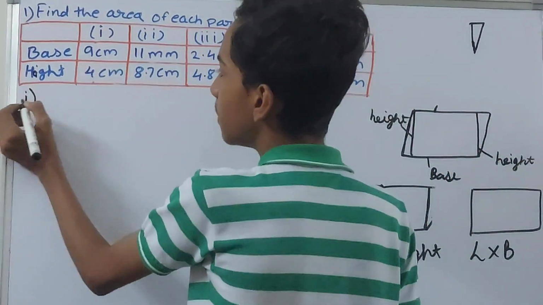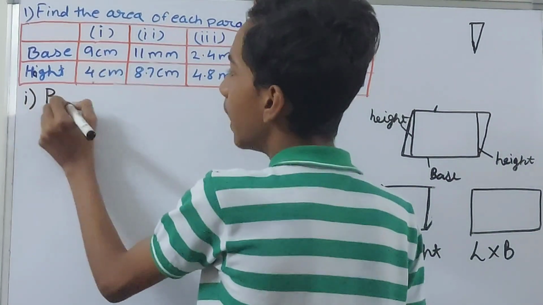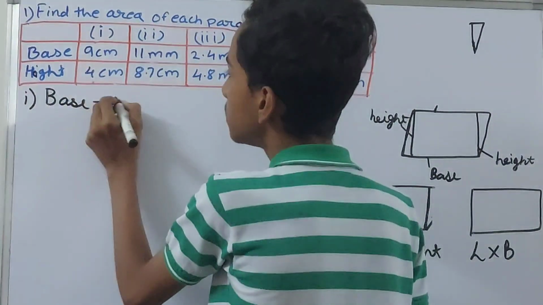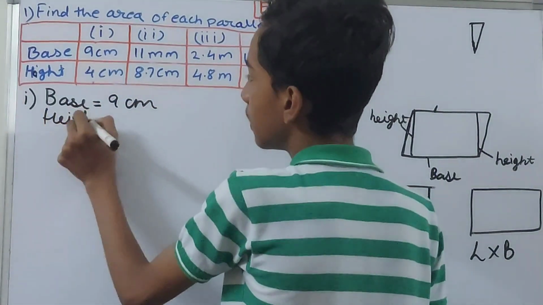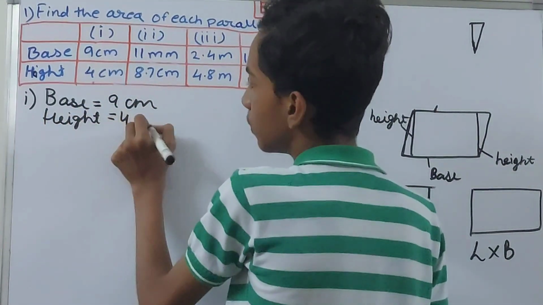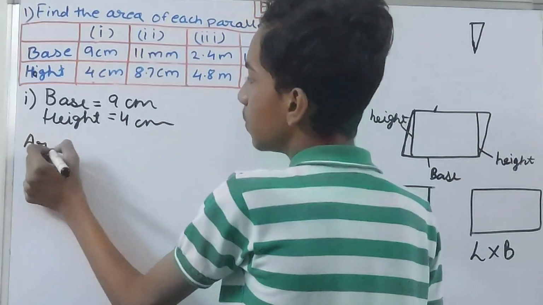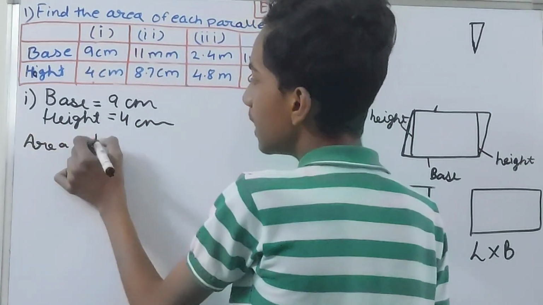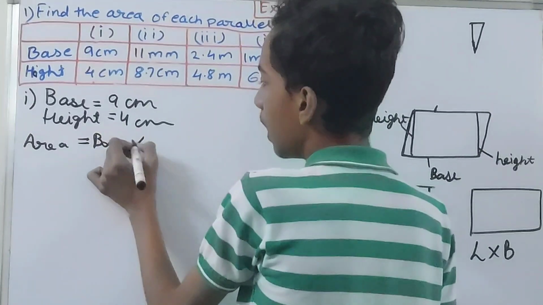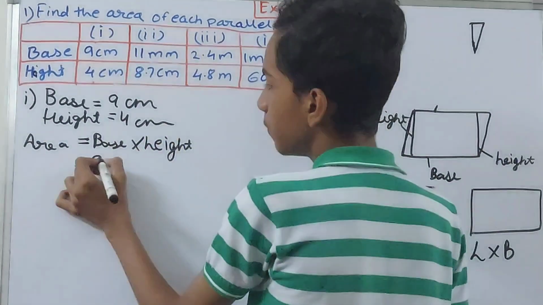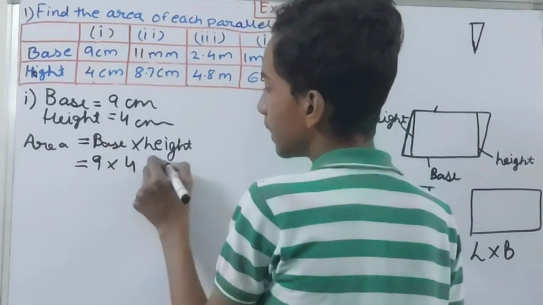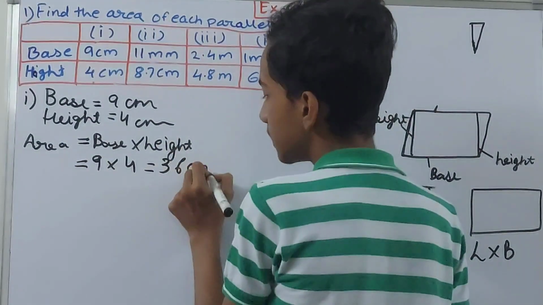In the first part we have base into height. So base equals 9 centimeters and height equals 4. Area equals base into height, that will be 9 into 4, and that is 36 square centimeters.